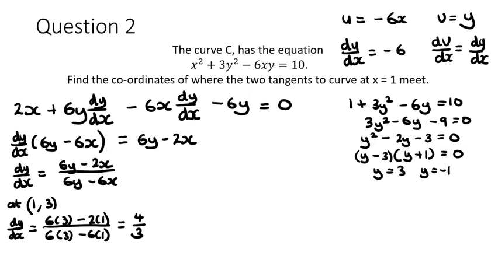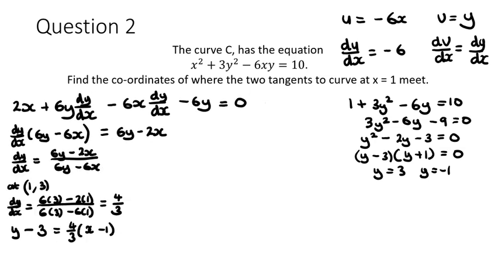So when x is 1, y is 3, the gradient's going to be 4 over 3. Then we just find the equation of the line. Plug that in, and then we're just going to rearrange this. So times both sides by 3, expand the bracket out.